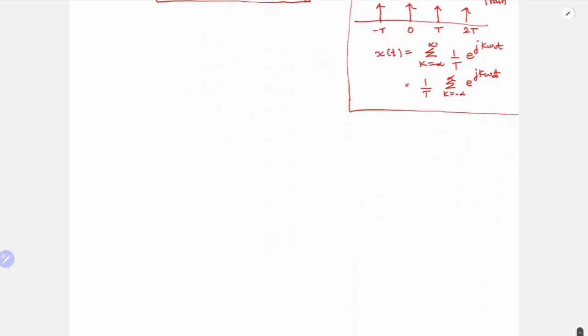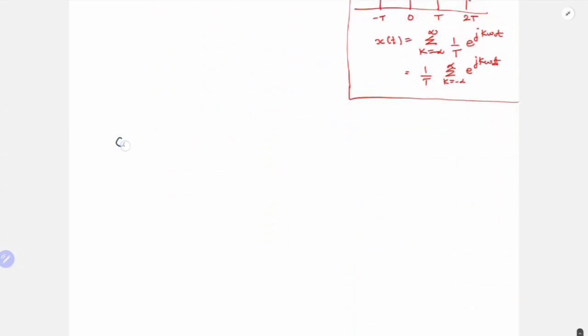So next let us look at the convergence of the Fourier transform. This is similar to the Fourier series, not much to learn here.